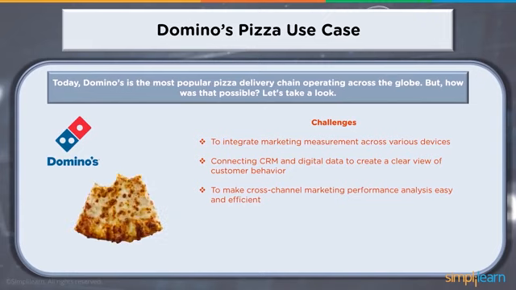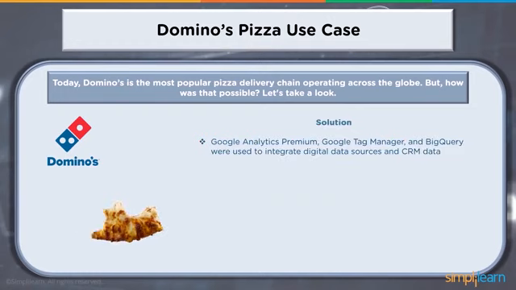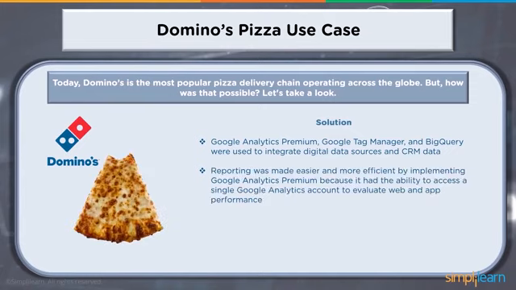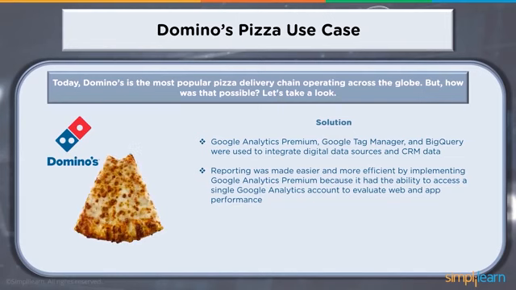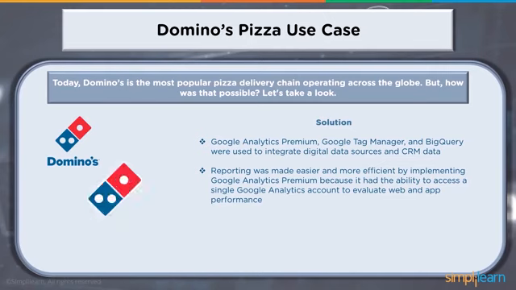Now, for these challenges which Domino's was facing, the solution was using Google Analytics Premium, Google Tag Manager, and BigQuery, which were used to integrate digital data sources and CRM data. Reporting was made easier and more efficient by implementing Google Analytics Premium because it had the ability to access a single Google Analytics account to evaluate web and app performance.